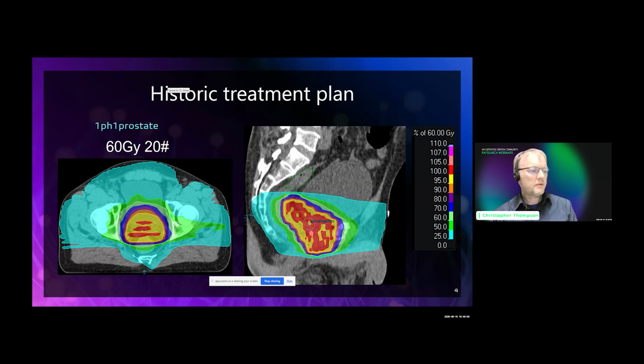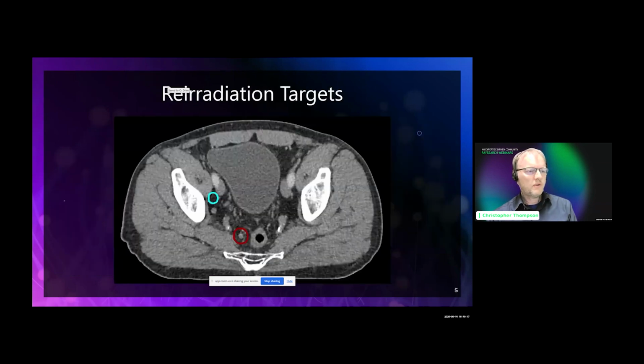Immediately you'd be considering that maybe the rectum is an organ of concern for any repeat treatment. So when you look at the new PTVs that we've got, unfortunately one of them is right next to the rectum, and you can see there's one that's not particularly near any organs at risk, so probably won't pose too many challenges.